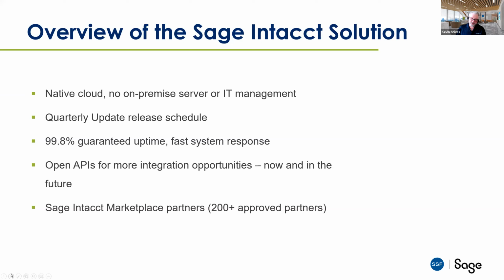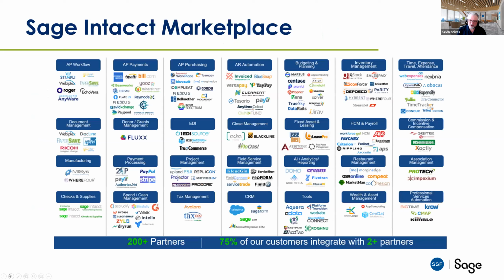These partners have built integrations with Sage Intacct that make your life easier when you have a specific need related to expenses, payroll, and much, much more. This slide here, I often call my NASCAR slide, but it's really a snapshot of some of the logos in this marketplace that I'm talking about. We work with many of these partners so we can help our clients reach their goals with Sage Intacct and beyond.